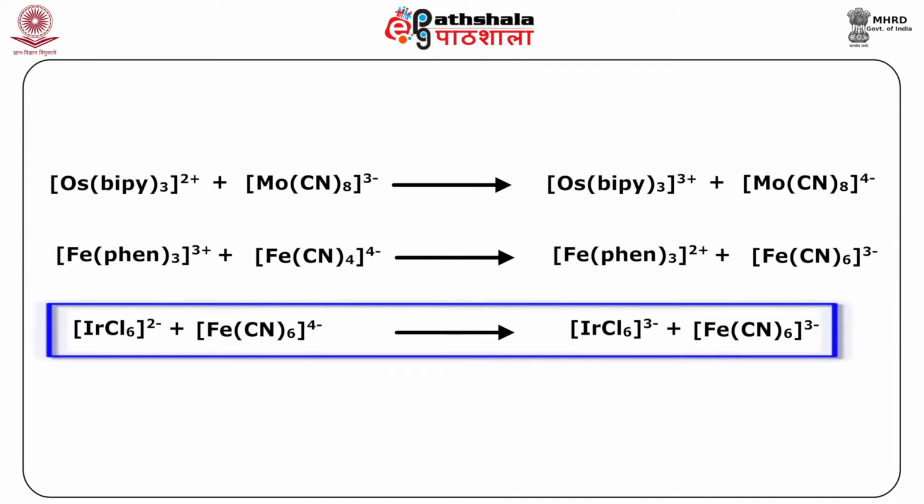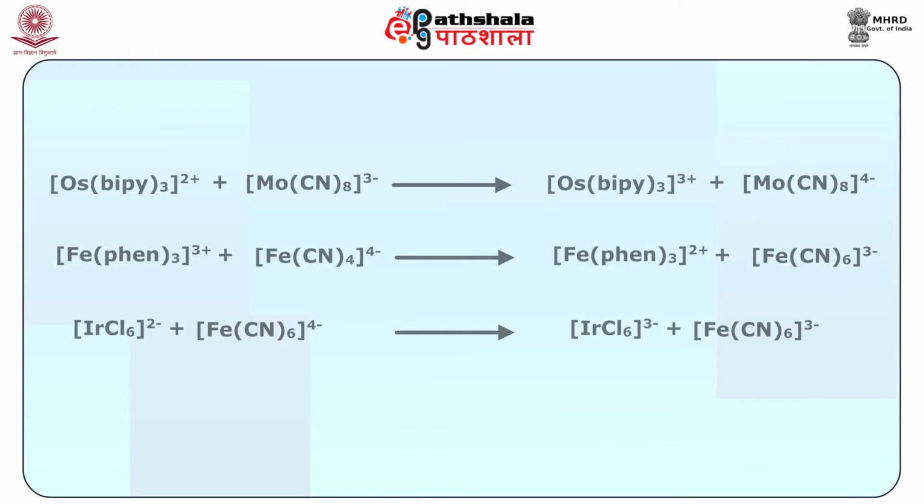The third example is iridium hexachloride, where iridium is in +4 oxidation state, reacting with the iron hexacyanide system, where iron is in +2 oxidation state. It reduces iridium 4 to iridium 3 and iron 2 to iron 3.